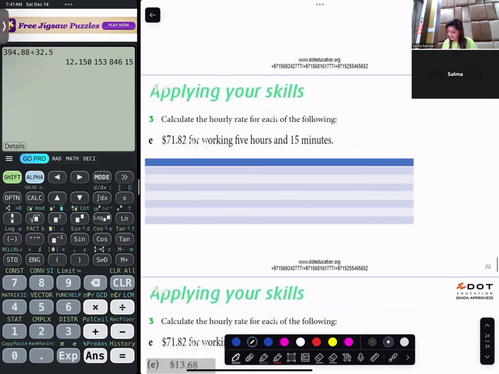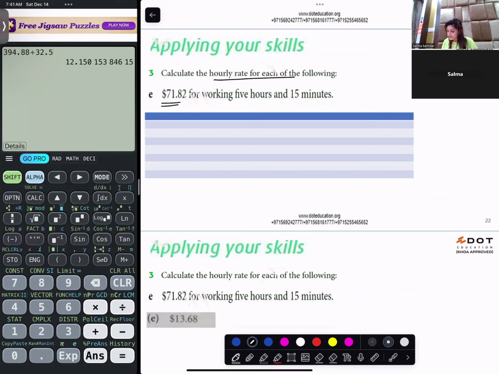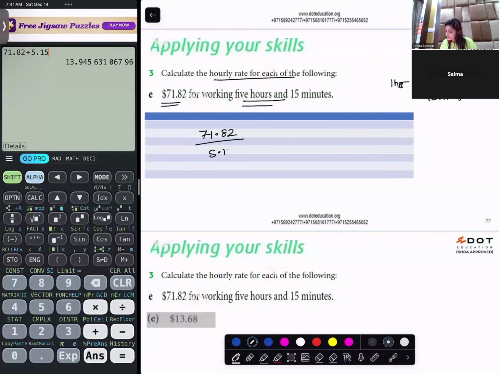Calculate the hourly rate. 71.82 for working 5 hours and 15 minutes. Now here it's very important to note that you're not just going to write 5.15. 1 hour is 60 minutes.